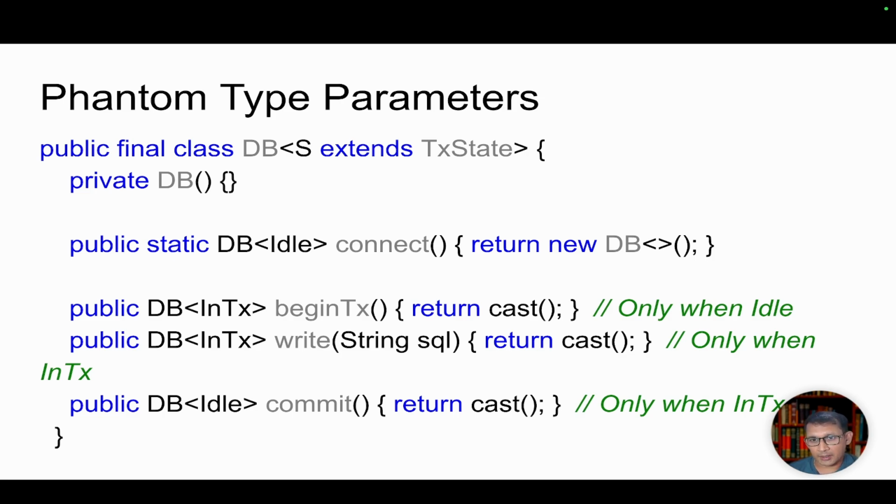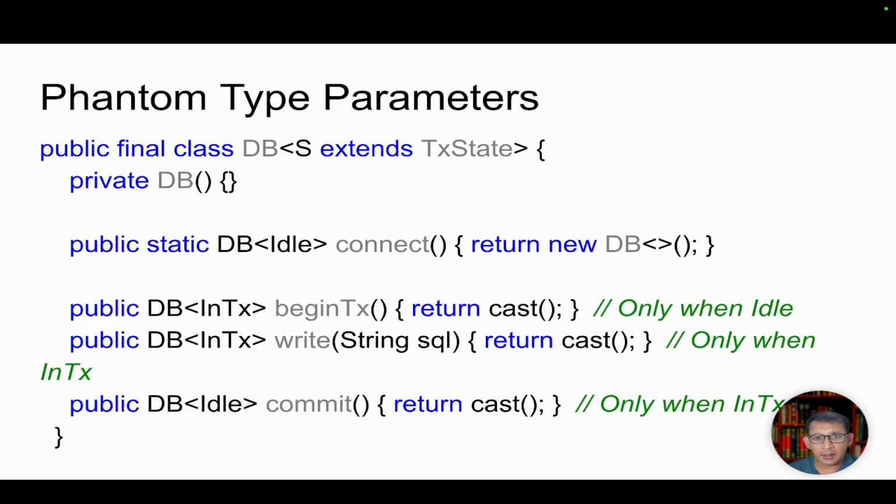But here's the crucial part. This state tracking happens entirely at compile time. At runtime, all DB instances are identical objects. The state parameter is phantom because it influences type checking but has zero runtime representation.